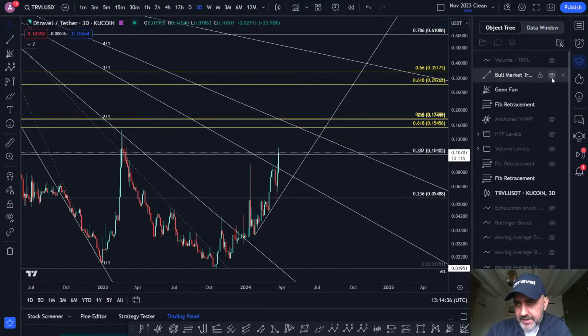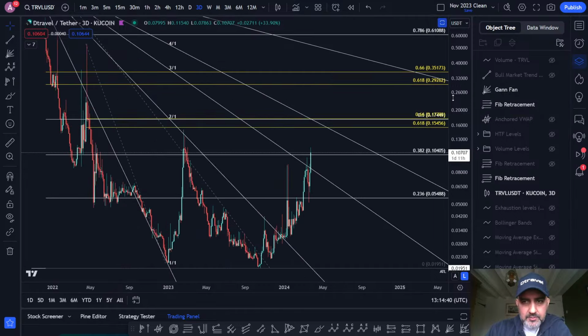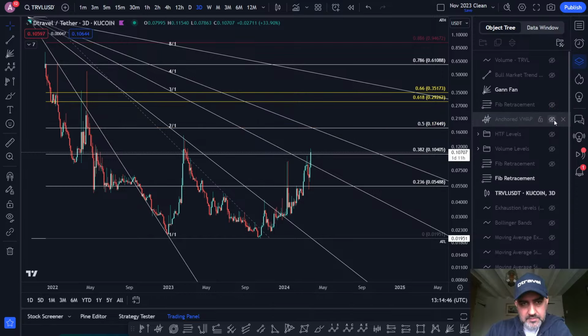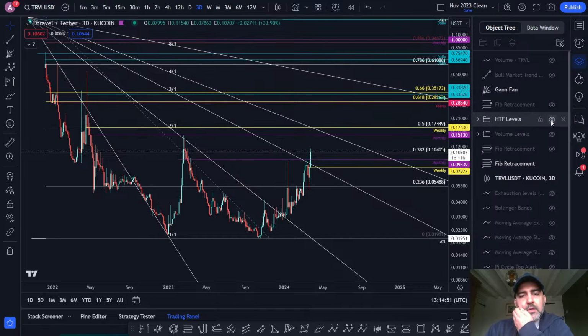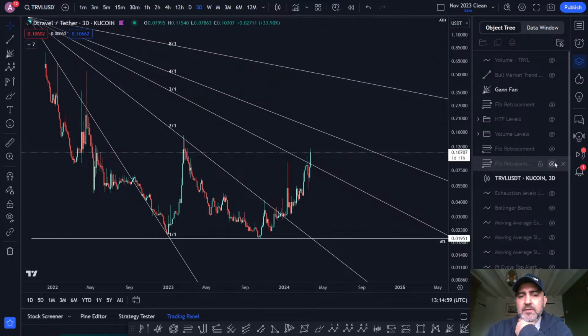But let me hide it for now. What fib is that? That was from this pivot down to there. I can delete that now. Higher time levels, volume levels. What's that? That's an extension from that pivot to that pivot. Right. Hide those, and I'll hide that now.